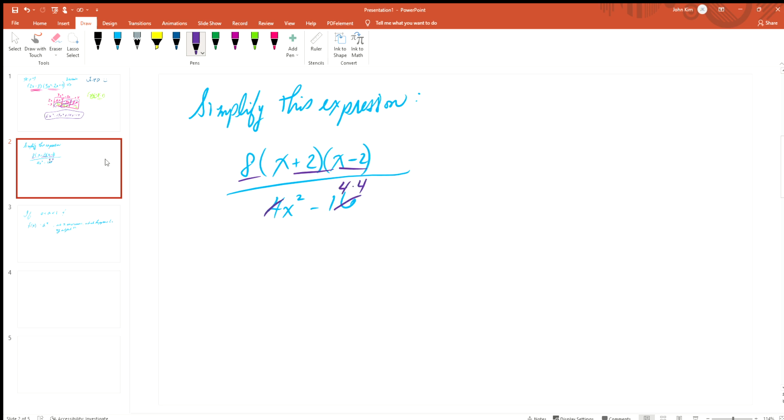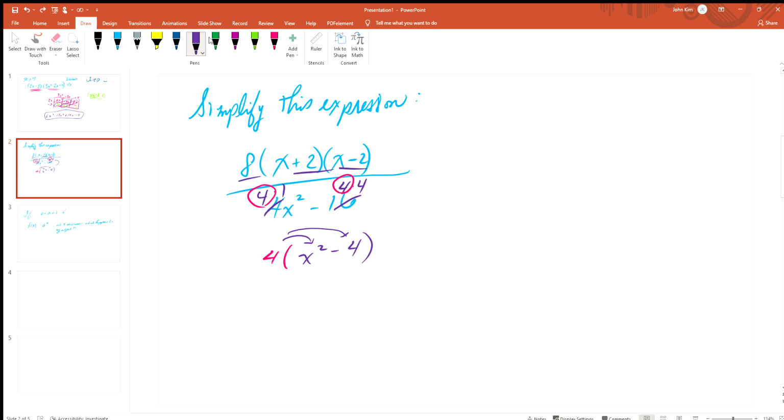Here I'm going to write down 4x squared as 4 times x squared. The common factor, as you can see with the pink, is 4 and this 4 right here. So you factor out the 4, and let's use purple. What's left is going to be x squared minus 4. If you're not sure, just distribute that out. You should end up with what you had earlier.